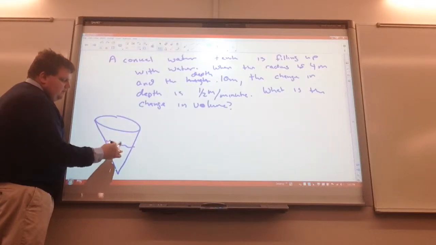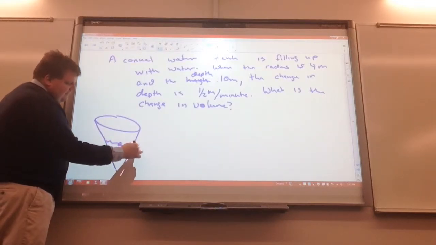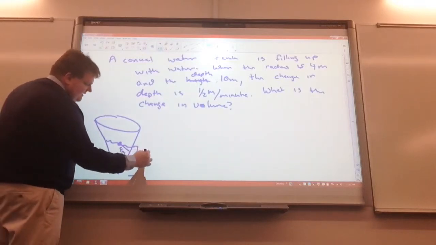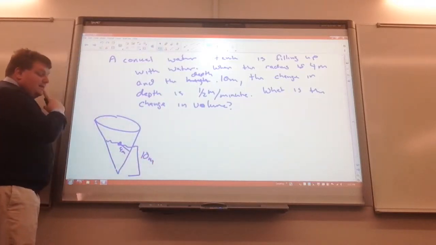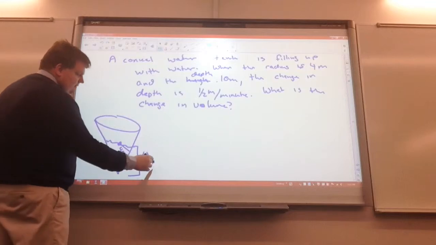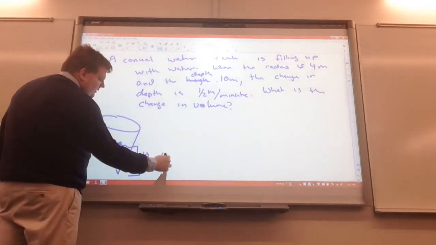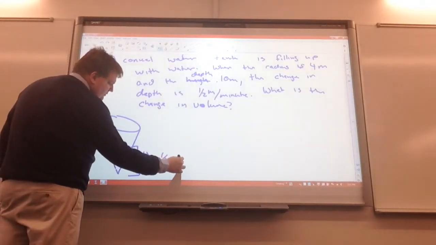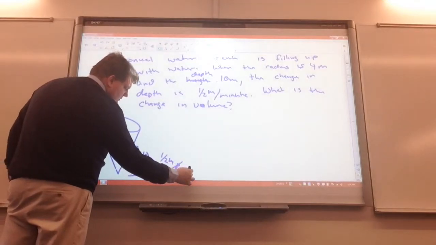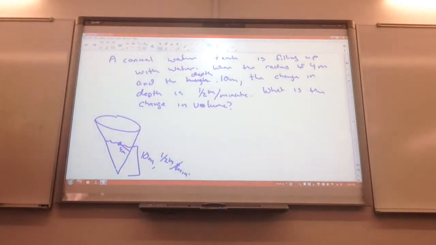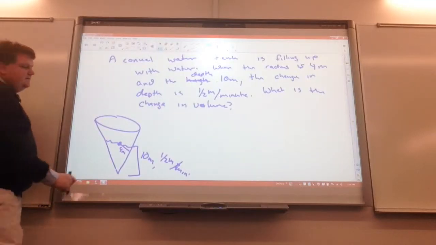The radius of that water is 4 meters, and the depth of the water at this moment is 10 meters. And the depth is changing at 1/2 meter per minute. So we can think of this as being dh by dt.